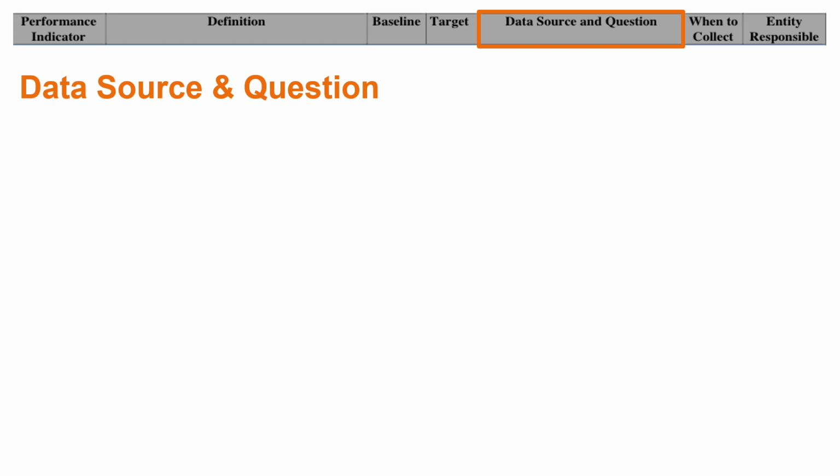Now, getting back to our PMP, our next component is the data source and question. This is where we specify how the data will be obtained, such as a survey, through observation, conducting an interview, etc. And the mandatory question linked to that data collection. This is especially important if data are being collected by multiple sites, partners, etc., to help ensure data consistency and validity.